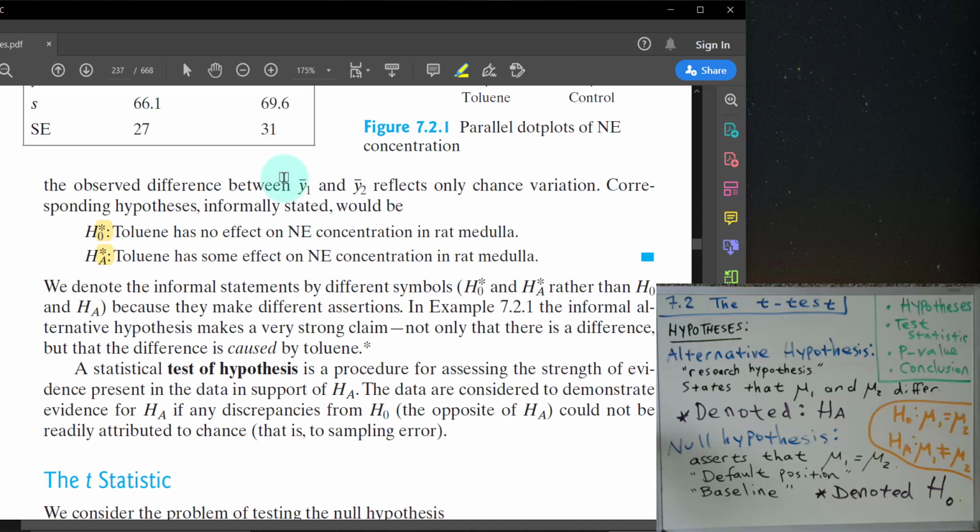But this is essentially the essence of a t-test, in which they want to know if the mean norepinephrine concentration is the same, essentially, in the two groups, the treatment group and the control group, or if there is a difference. And in this case, they're also talking about cause and effect, which, as we know, requires certain scenarios and conditions be met.